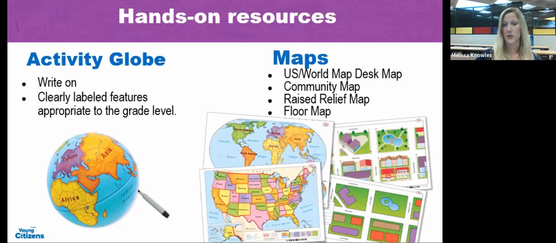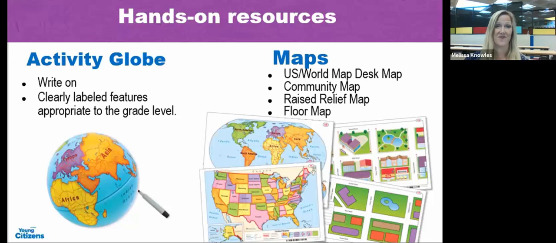So it's not only that you're talking about it, reading about it, but you can also see and engage and work with those concepts with your students. Another thing in our time of COVID, they are incredibly easy to clean. So using a disinfectant to clean them is not going to harm the products.